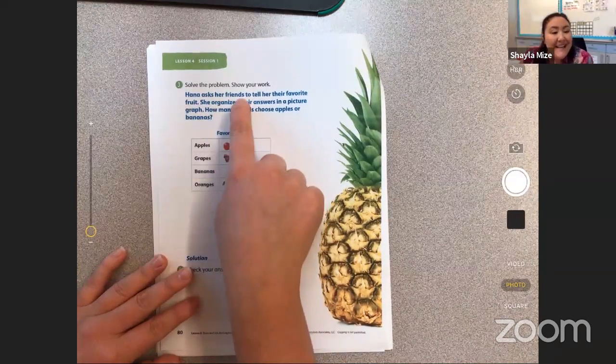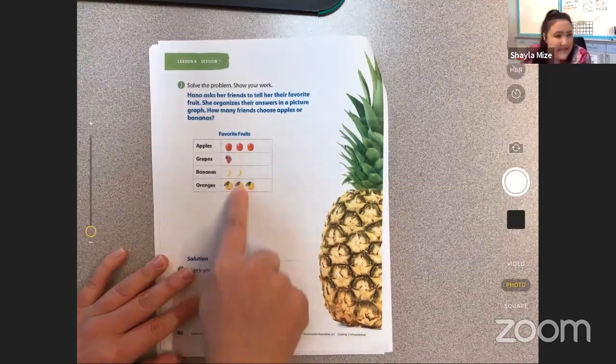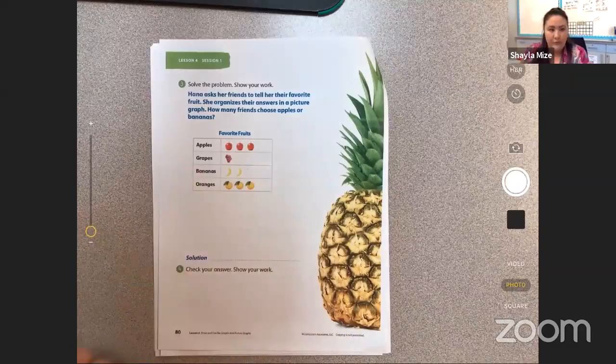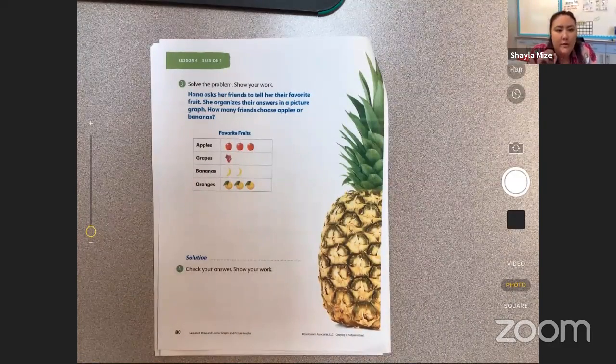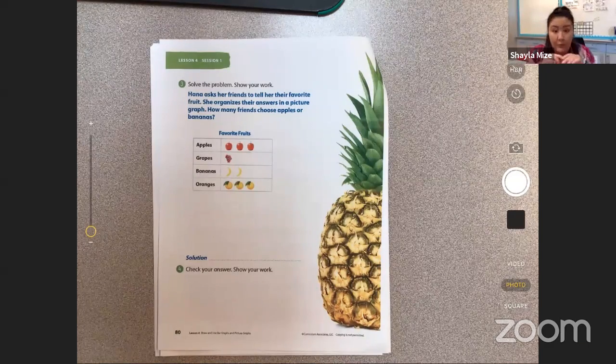She collected data. She asked them questions about what their favorite fruit is. So that is data. Great question, Shreya. Does that make sense? Does it say she collects information? Yes. Ooh, yes, put that in your own words. Good, Shreya.